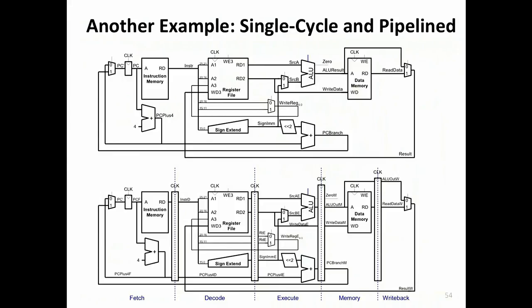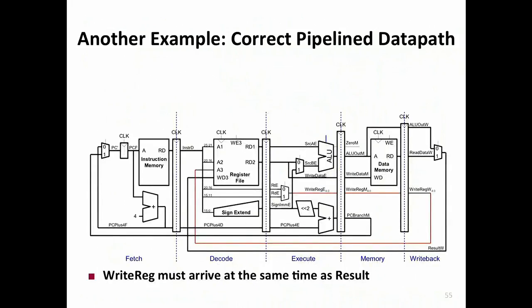So this is another example. Remember, we discussed two single cycle pipelines. Everything is very similar. It doesn't matter. This is the single cycle pipeline over here, and we have a similar selection of boundaries to divide into a pipeline machine. And as we've discussed, this write register signal should be propagated such that you can use the correct destination ID for the register you're writing in the write back stage.